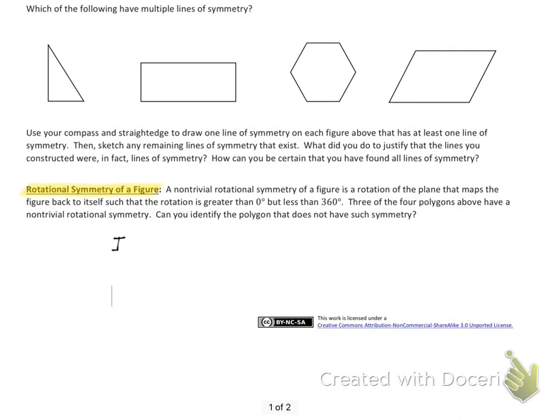So if you have line symmetry, and I'm going to make sure it's very clear that we're talking about line symmetry, then you will always have the same amount of rotational symmetry.